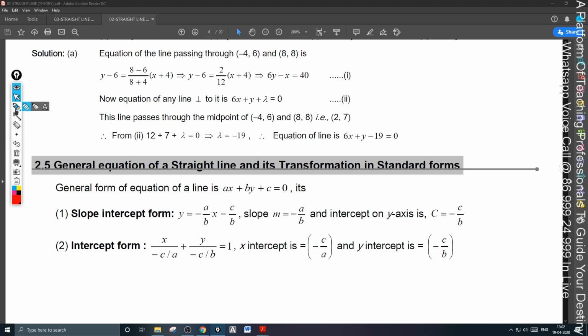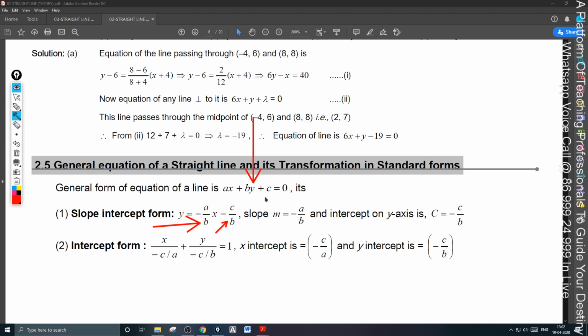See, this is the line equation given, ax plus by plus c equals 0, and it is converted to y is equal to mx plus c form. This is m, this is c. What is m here? Slope. What is c here? Y-intercept. Here y-intercept is minus c by b.